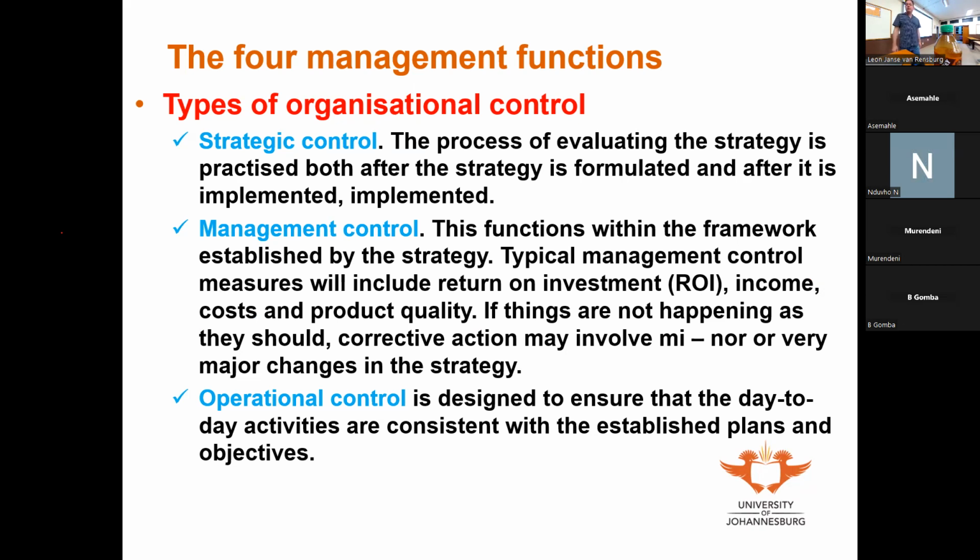The typical management control measures quality, cost, and so on. Return on investment is very important, because you can actually measure it per product or per unit. So that's important to understand. But not many companies do that, because not everybody knows how to do that.